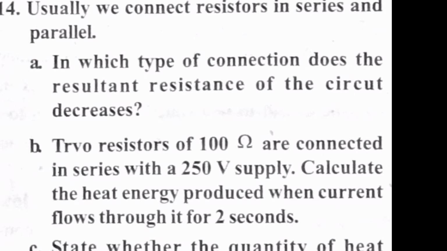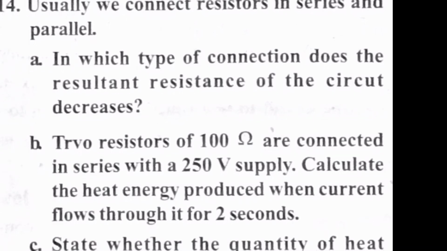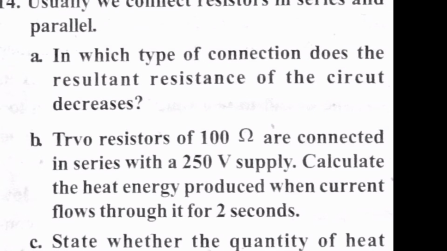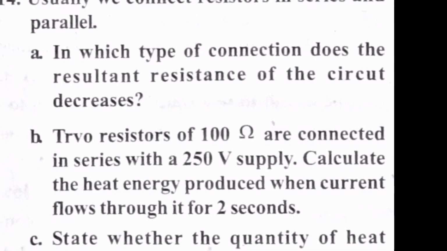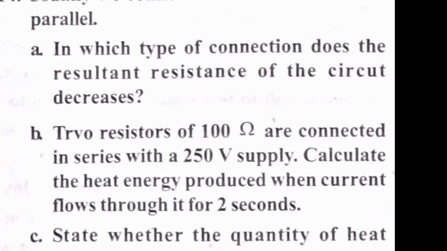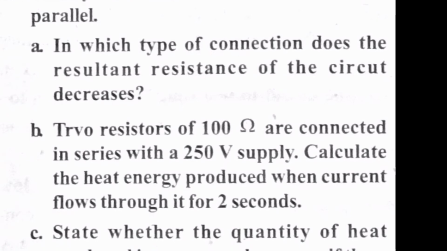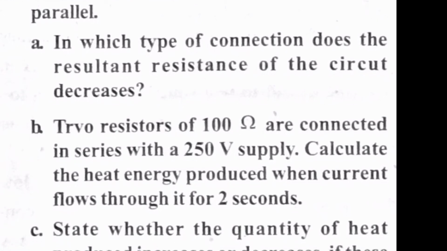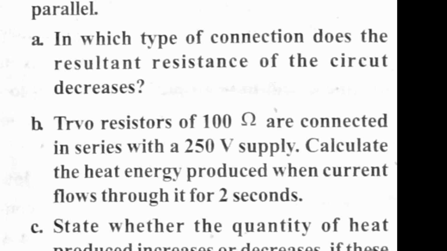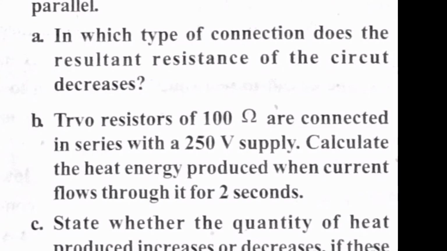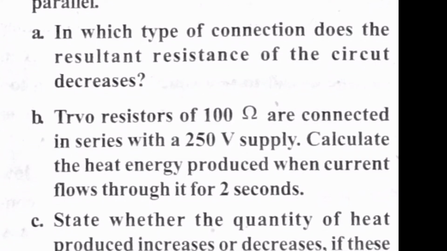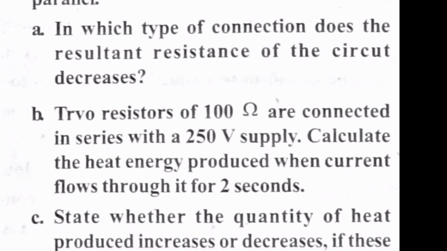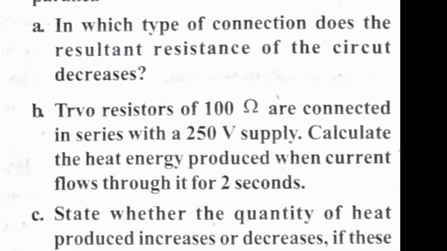This question was also asked in the 2022 model examination. The question is, usually we connect resistors in series and parallel. The first question is, in which type of connection does the resultant resistance of the circuit decrease? The second one, 2 resistors of 100 ohm are connected in series with a 250 volt supply.